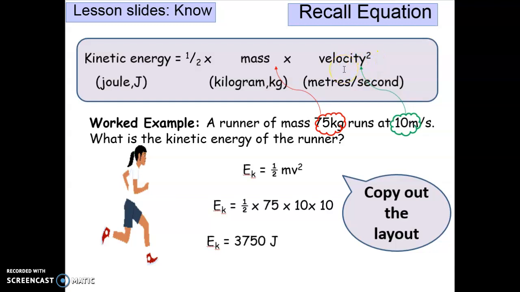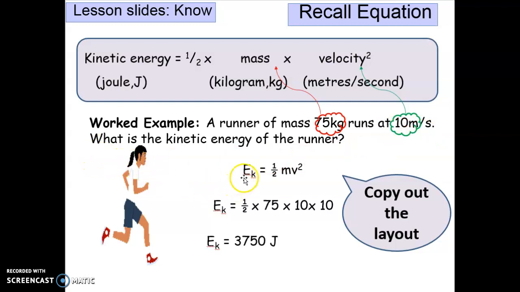Okay, so let's look at how this would look in an example, and I suggest that you pause the video and you copy it down carefully. So a runner of mass 75 kilograms runs at 10 meters per second. That's the speed they are running at, the velocity they're running at in a given direction.